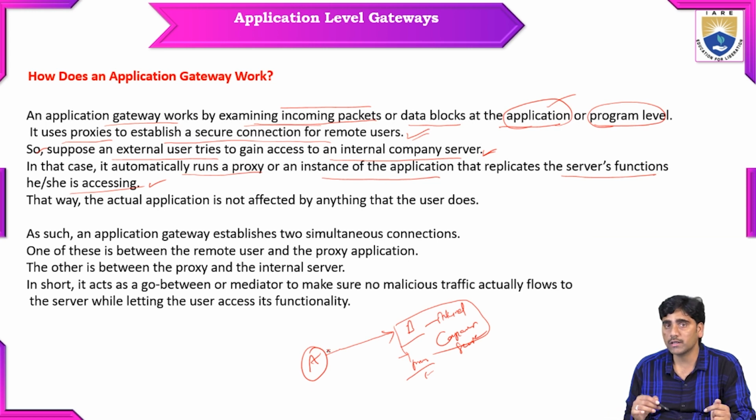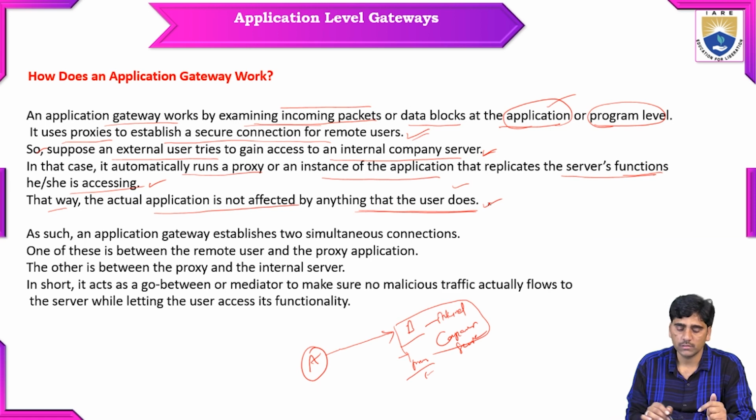So whatever the user tries to access, it automatically reflects the functionalities of the server. That way, the actual application is not affected by anything that the user does. As such, an application gateway establishes two simultaneous connections.